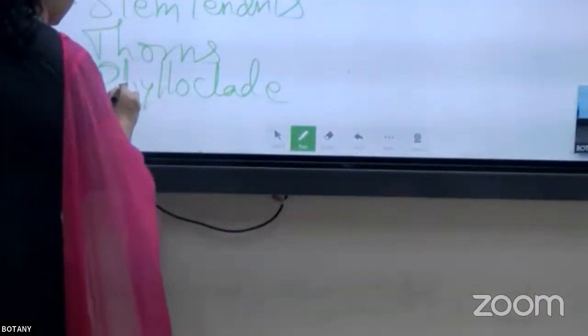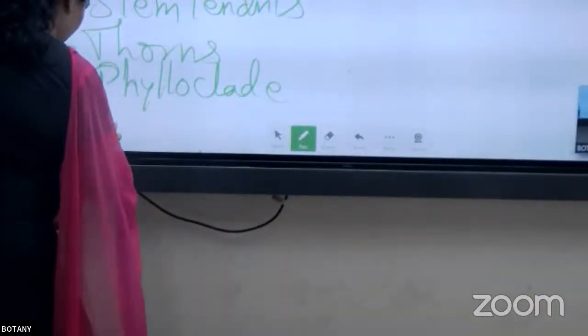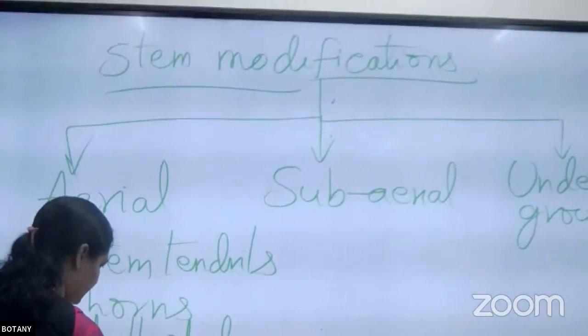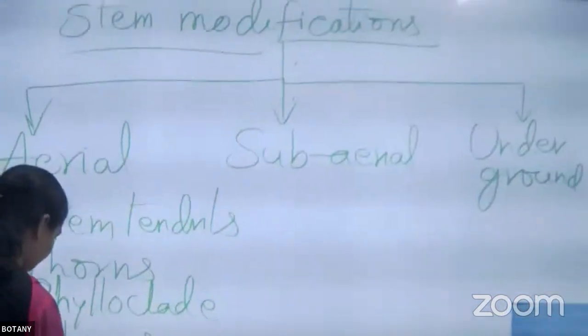Third one, phylloclade. And fourth one is tuberous stem.